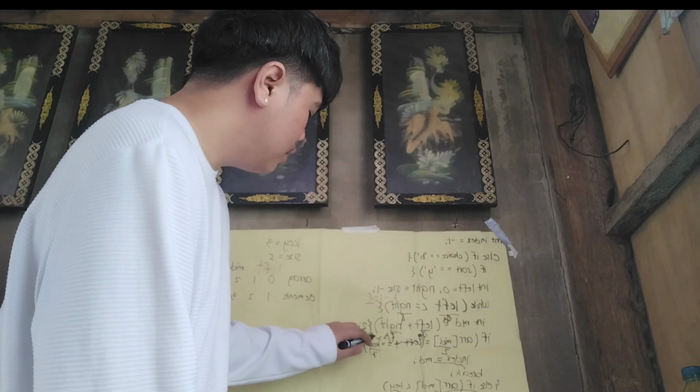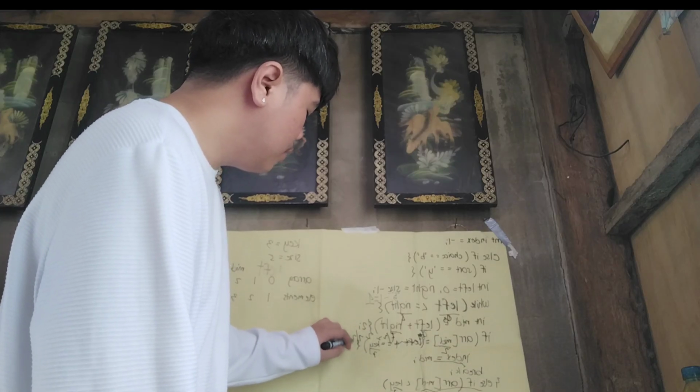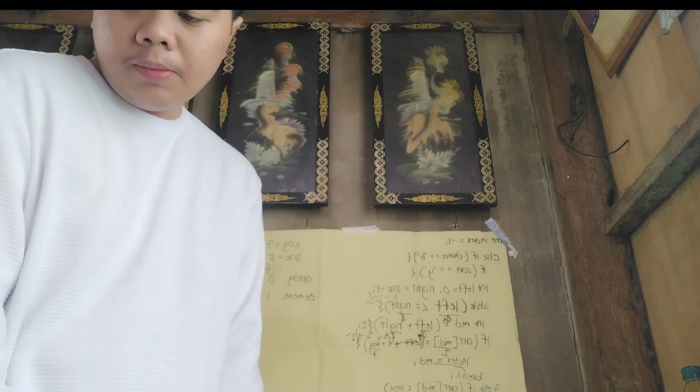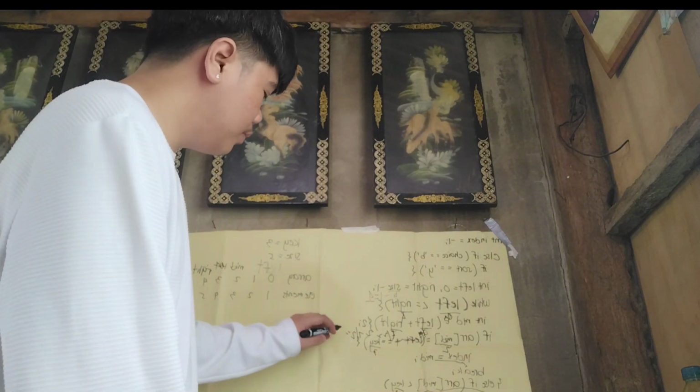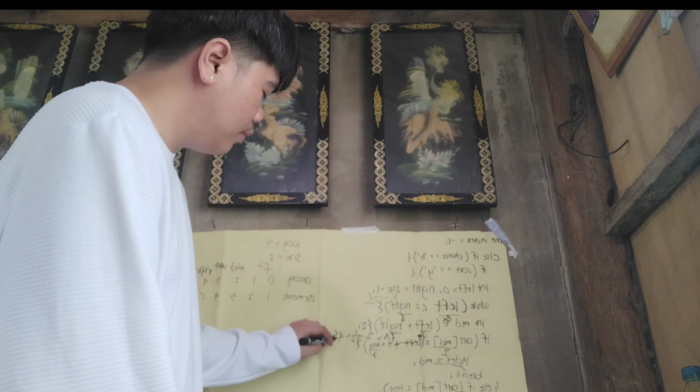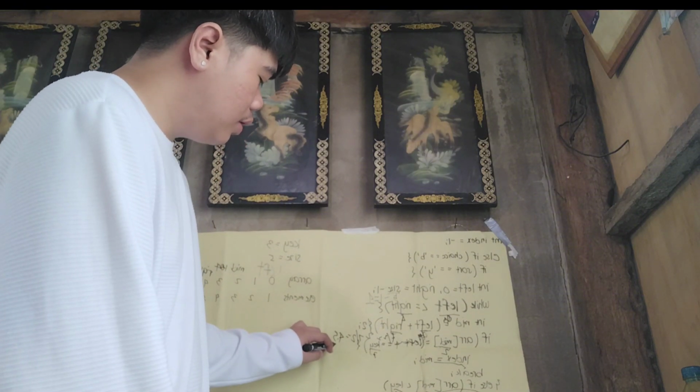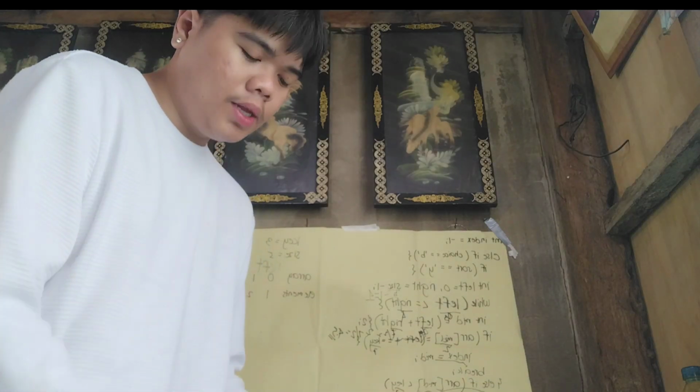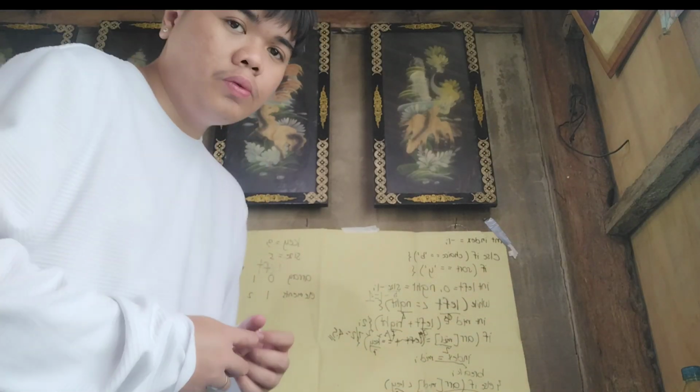Then 7 divided by 2 is 4.5. We remove the decimal point so we don't get confused in our code.